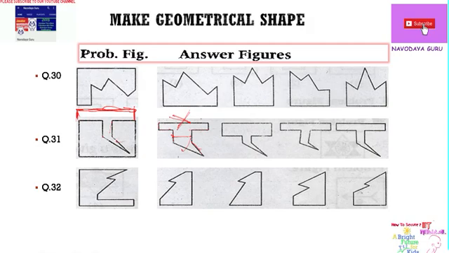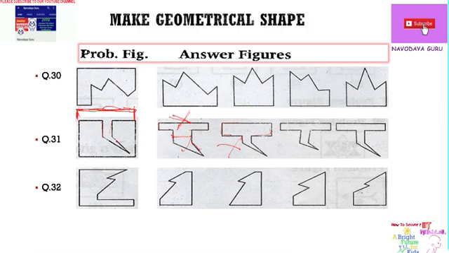Let's go to the next option. Next option, this side, this side, this side and this side all are matching. Further, we need to have this line, but this line is quite long, but this is too small, so we reject this. Now we go to the next option.